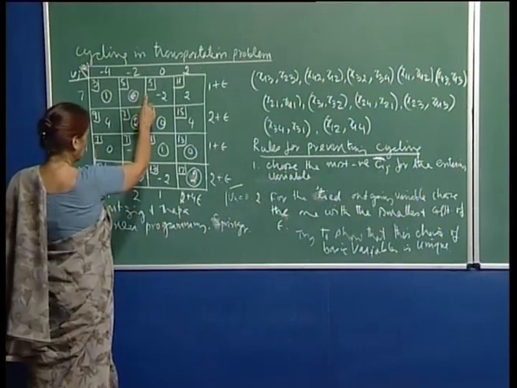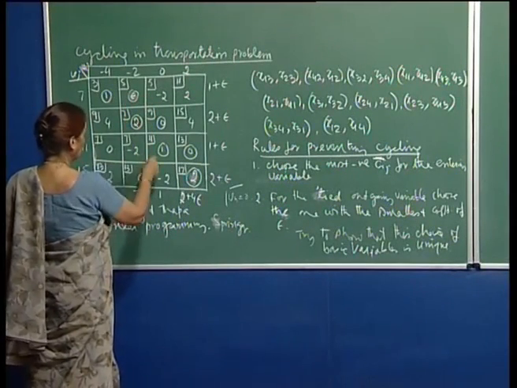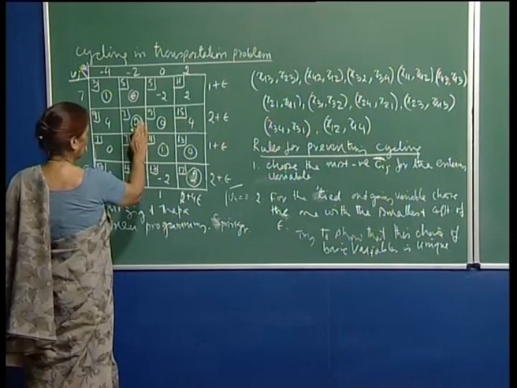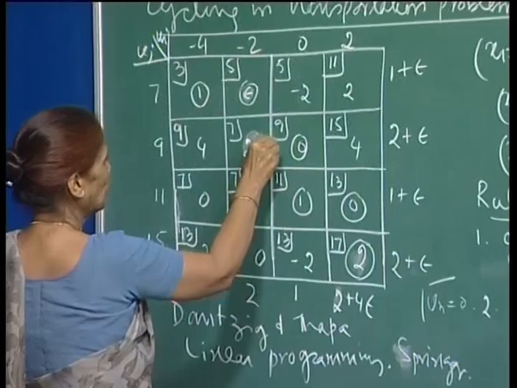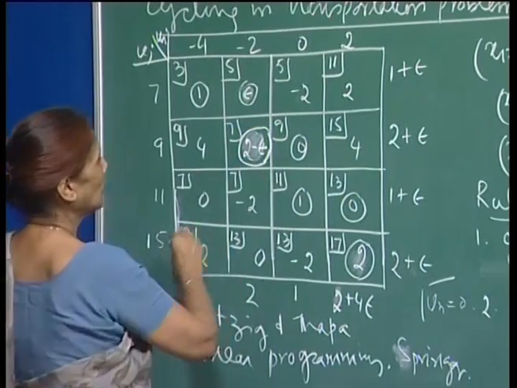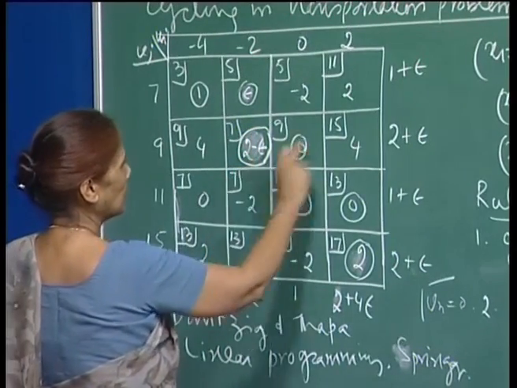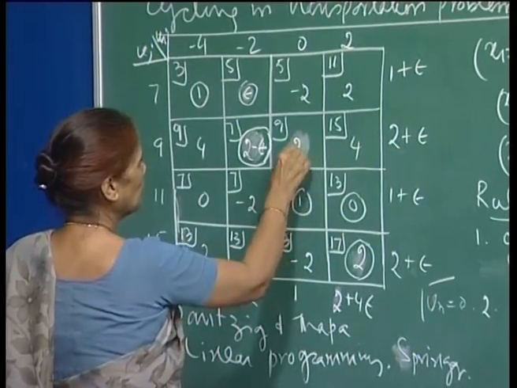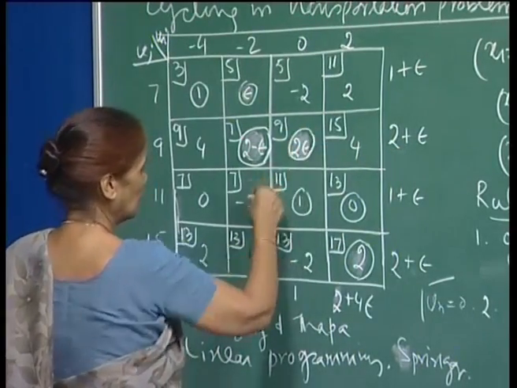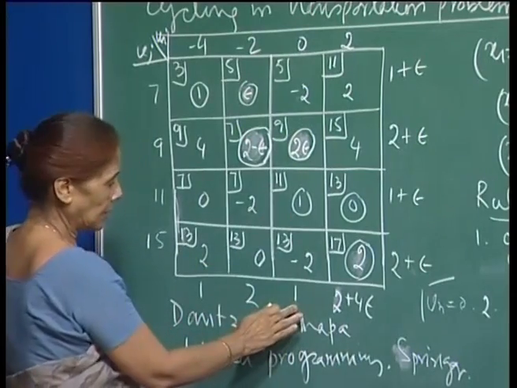So, this becomes epsilon, and then since this is 2, you have to update this one, and so this becomes 2 minus epsilon. Okay. And since you have updated this, and this here is 2 plus epsilon, you need to change this, which will become 2 epsilon. Okay. So, let us quickly do it. Now, this is again intact, this is 1.